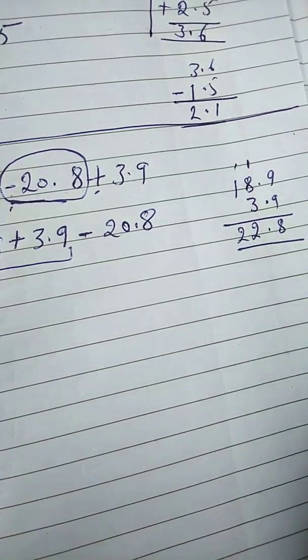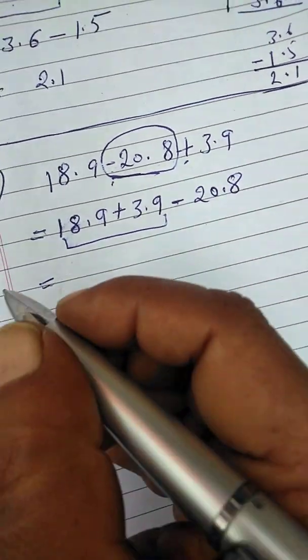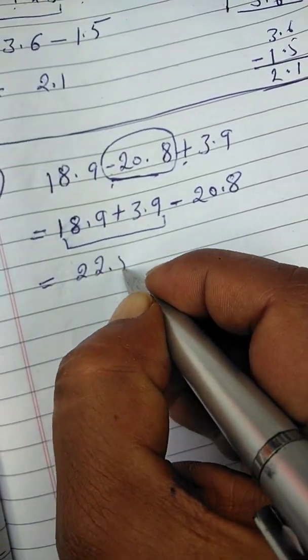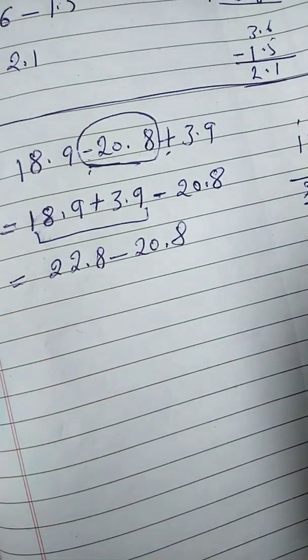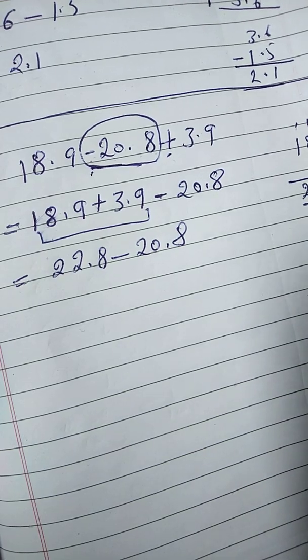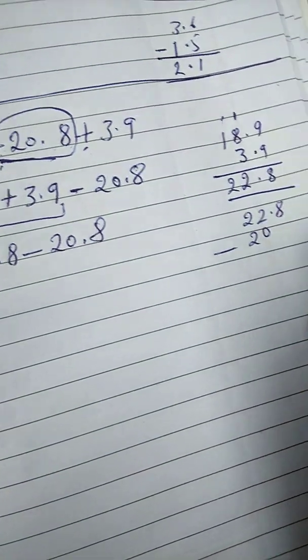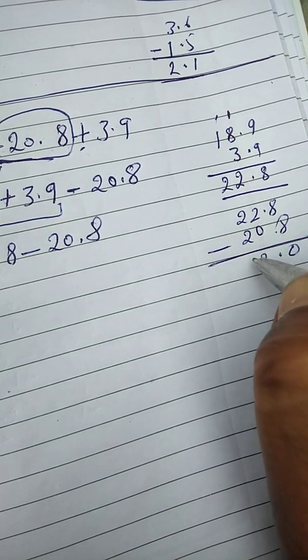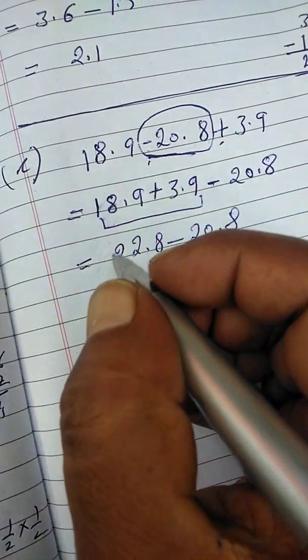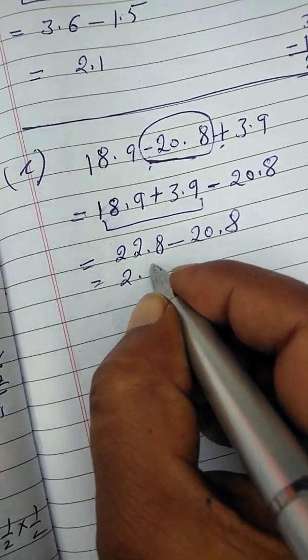So your answer is 22.8. So 22.8 minus 20.8. Now we can subtract: 8 minus 8, 0, then 2 minus 0, 2. Our answer is 2.0.